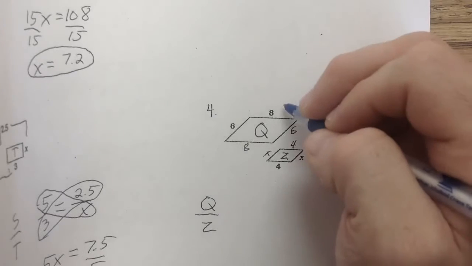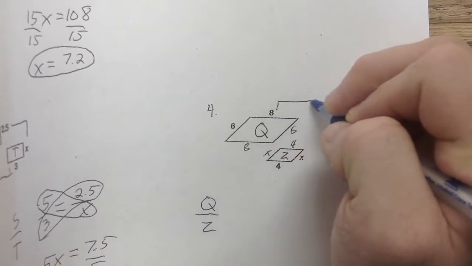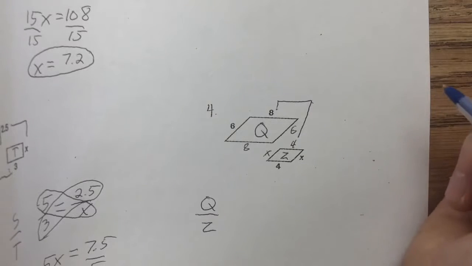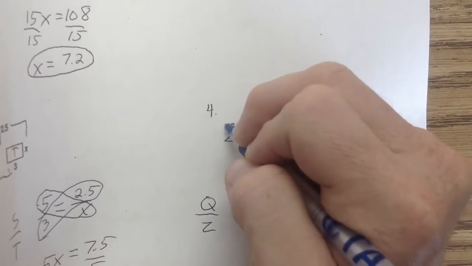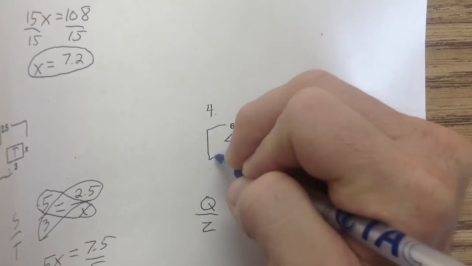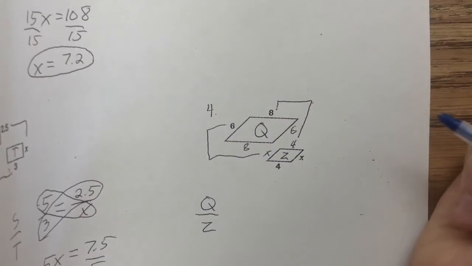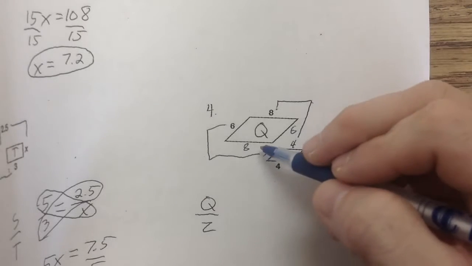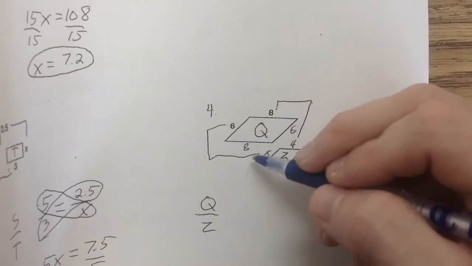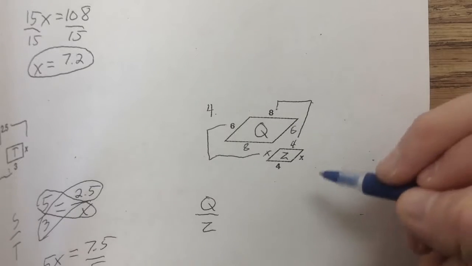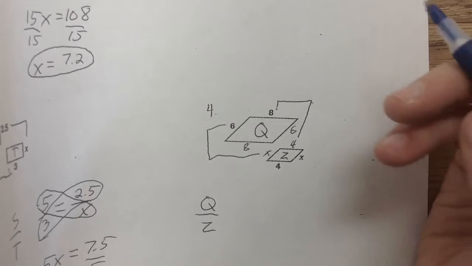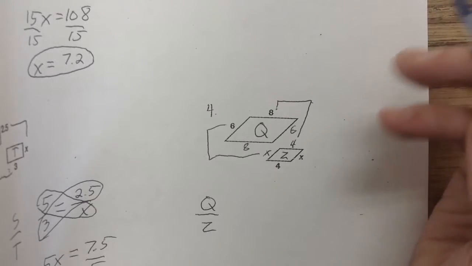So we could say, I'm going to match the 8 up with the 4, and then I'm going to match the 6 up with the x. So again, they weren't a direct match, but if you just remember with a parallelogram, opposite sides are going to be the same, and we can make this work just like the other ones pretty quickly. That's also true for rectangles and squares and other stuff like that.